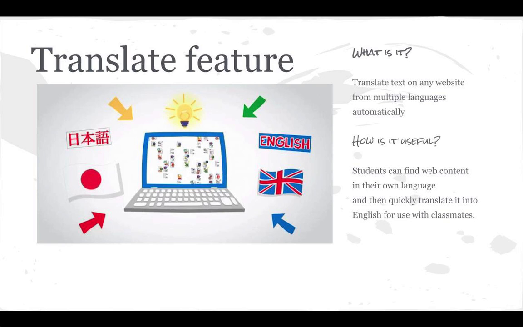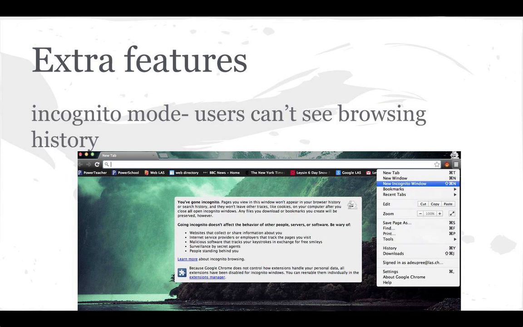Yes, and on this web page that we've created, you'll see a tab at the top for Google, which has other features you can explore, but one thing we thought we'd add was an extra feature. There's also something called the incognito mode, which you can see here by simply clicking on the Customize button. You get the drop-down menu, new incognito window. You've gone incognito.